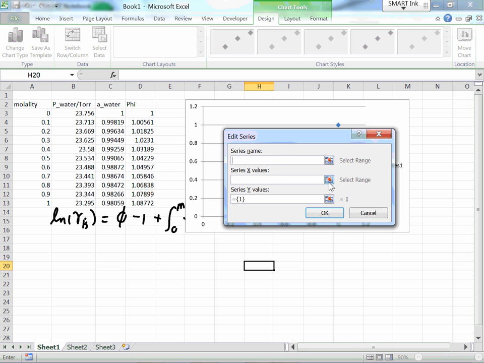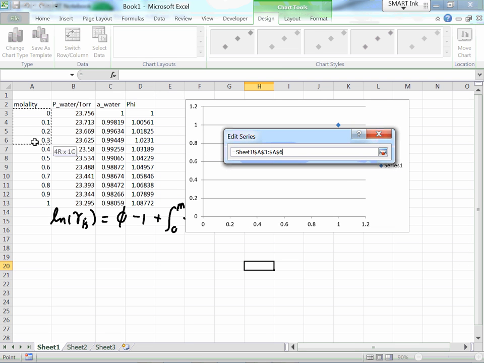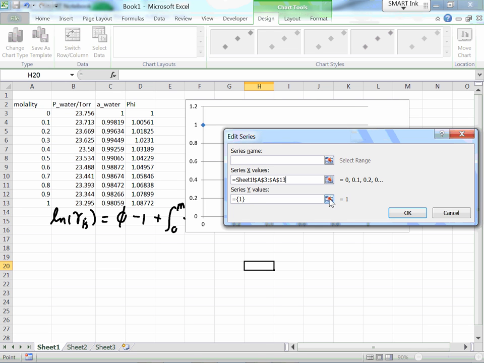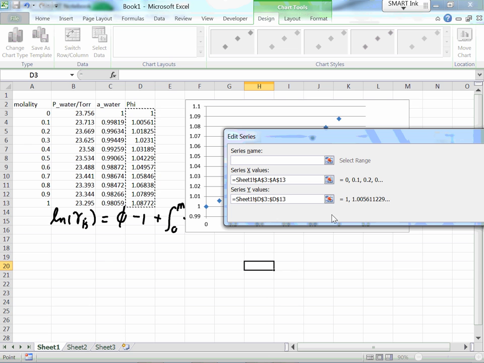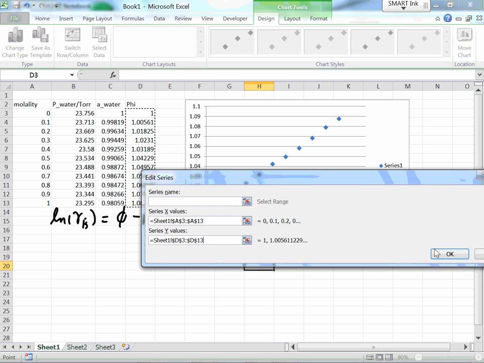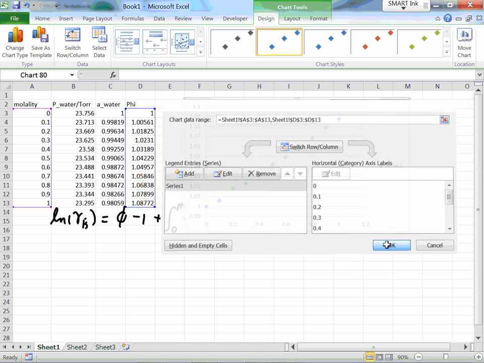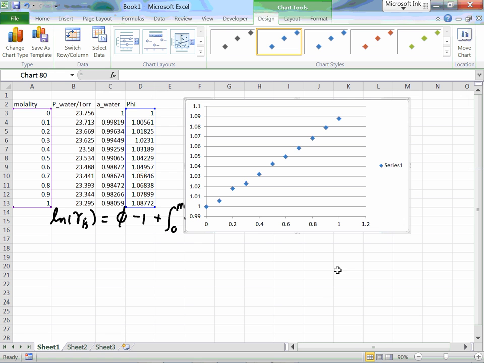My x values would be molality, and my y values would be phi. And what do you notice there? That's almost a straight line, right? You'll have some curvature if you go further out. So this is phi versus molality.